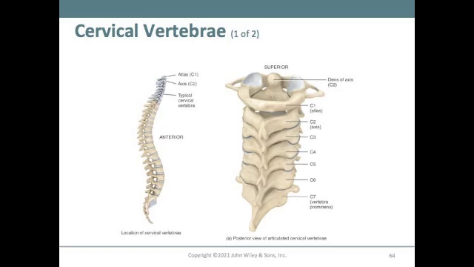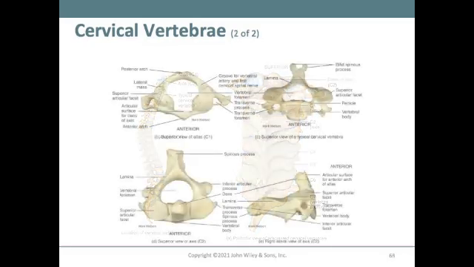So these are the important parts of the cervical vertebra. You can see here the cervical vertebra in their different anatomical positions. This is figure 7.18 on page 227, and it's continued on to page 228.